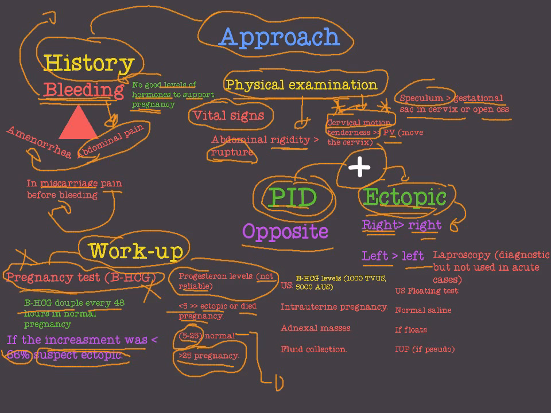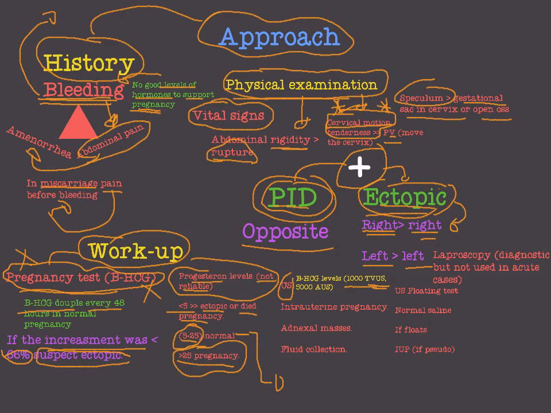So pregnancy test, beta HCG, and then progesterone level, and after that we have to do ultrasound, of course. With ultrasound, we expect to see a gestational sac by transvaginal ultrasound when beta HCG level is 1000 or more.